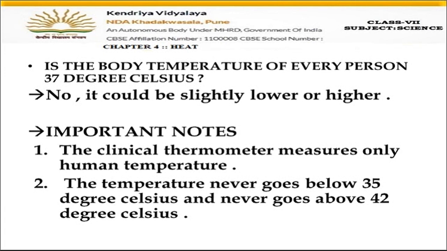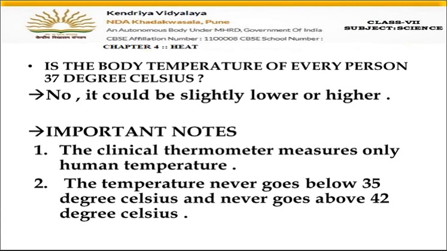Sometimes when you measure, it could be 36.5, or 36.7, or 37.5. It varies from person to person. If you have 35.5 and your friend has 37.5, it can happen. So the temperature will vary slightly lower or higher than 37.